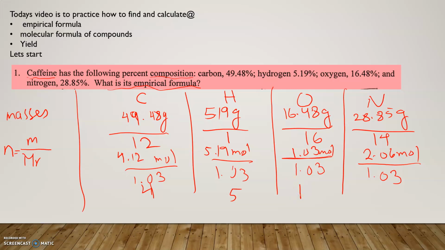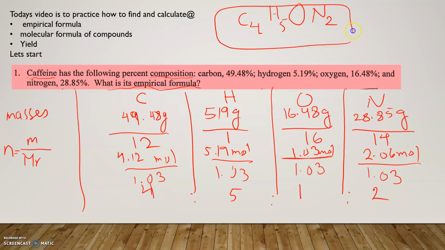And 2.06 divided by 1.03 is 2. So actually this is your ratio between these elements. You have 4 carbons, 5 hydrogens, 1 oxygen, and 2 nitrogens. This is the empirical formula of caffeine.